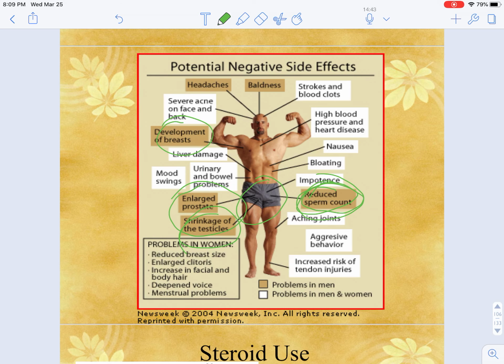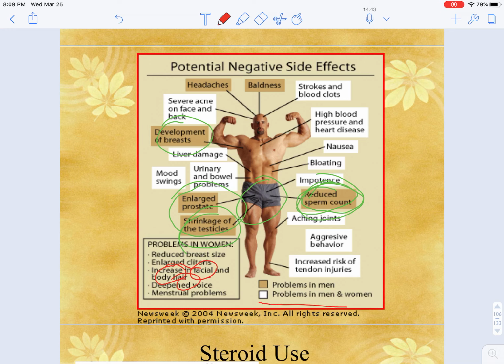Now, for women, you can see in this box here that if she takes synthetic hormones, she could get things like male characteristics, because they will be similar to taking testosterone for her. So she would get facial hair, body hair, and a deeper voice. These effects of taking steroids are quite understandable when you know what those hormones actually do to the reproductive system.